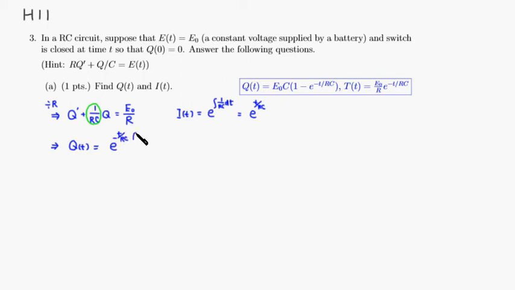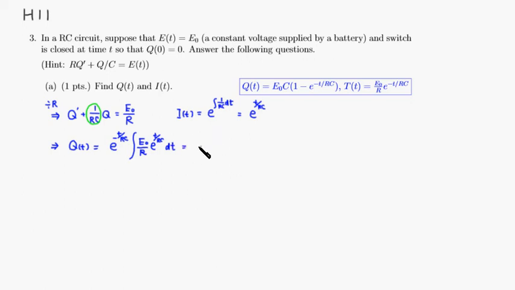Then integral, and the right-hand side is just E0 over R times the integrating factor, so e to the t over RC with respect to t, right?